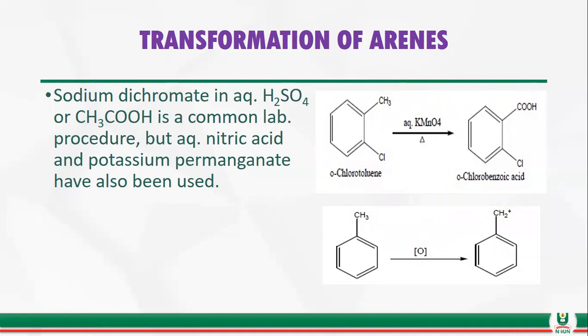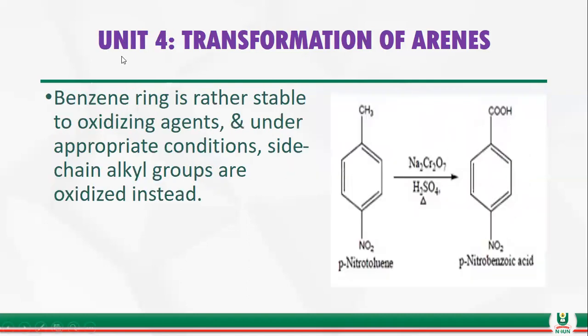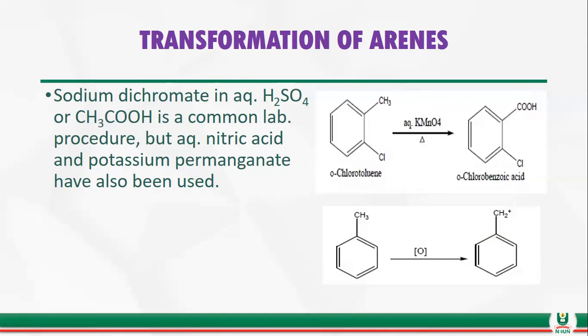But aqueous nitric acid and potassium permanganate have also been used. After we have used the sodium dichromate in acid, you can also use aqueous potassium permanganate. You see that you are getting the same desired result.